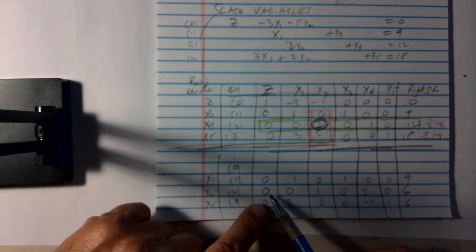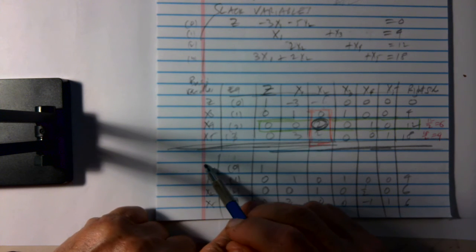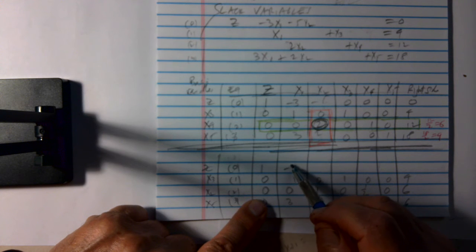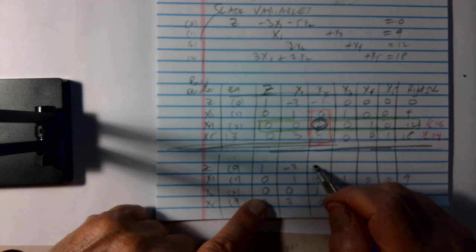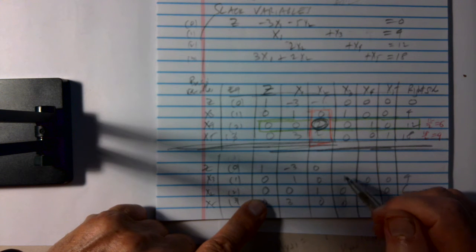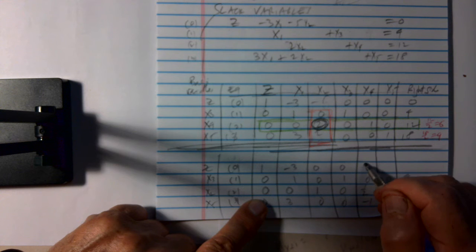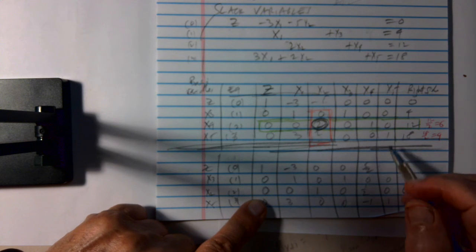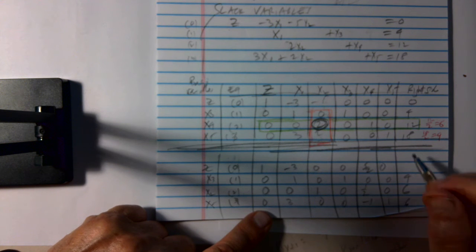So 5 times 0 plus 1 is 1. 5 times 0 minus 3 is minus 3. 5 times 1 minus 5 is 0. 5 times 0 plus 0 is 0. 5 times a half plus 0 is 5 halves. 5 times 0 plus 0 is 0. And 5 times 6 is 30 plus 0 is 30.